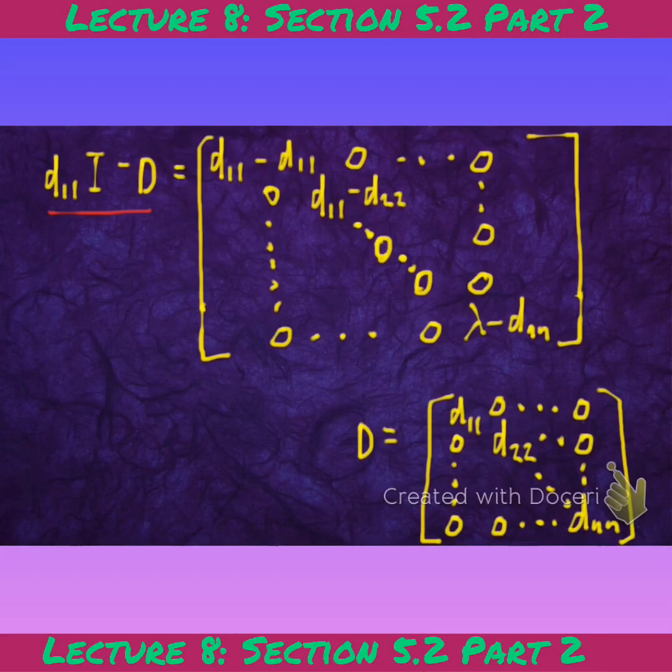Now if I work all these terms out, the number of times lambda minus D11 is a factor of the characteristic polynomial, we said that's going to occur m times.